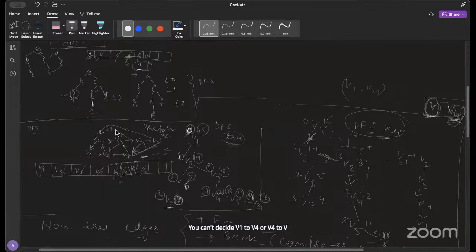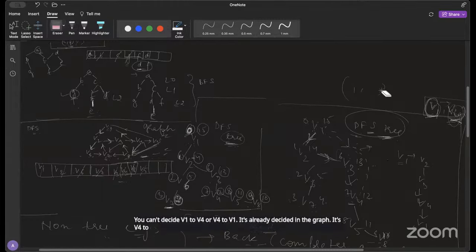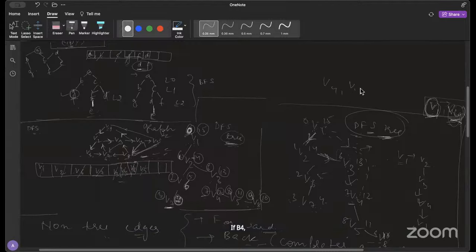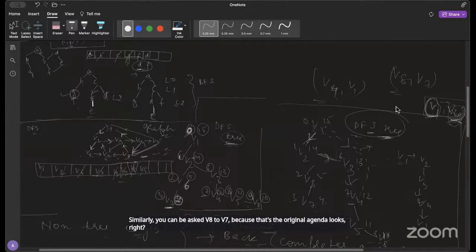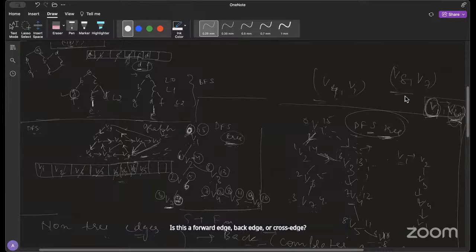It's already decided in the graph. It's V4 to V1. So you will be asked, is V4 to V1 a forward edge, back edge, or a cross edge? So this is what you're going to be asked. Similarly, you can be asked V8 to V7 because that's the original edge in the graph, right? Is this a forward edge, back edge, or cross edge?